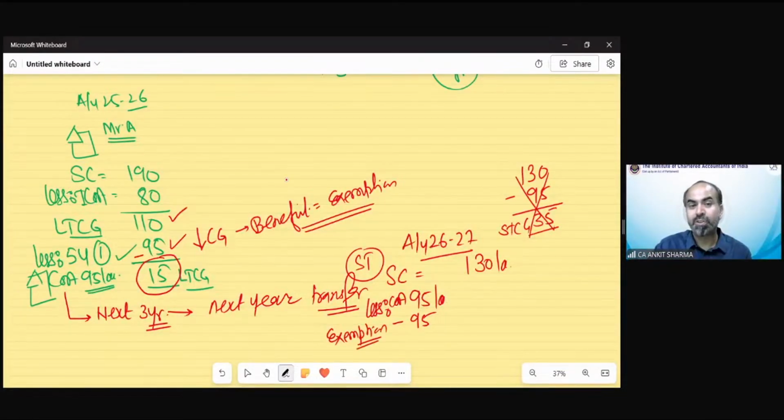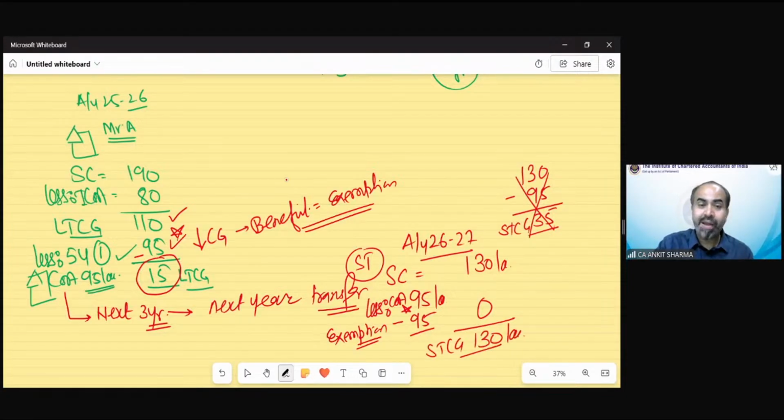So the cost was 95 lakh. How much exemption have you claimed? Full 95 lakh. This is the exemption. So the exemption you have claimed earlier, we will reduce it from the cost of acquisition. So now what would be your cost of acquisition? 0. And your gain would be full 130 lakh.